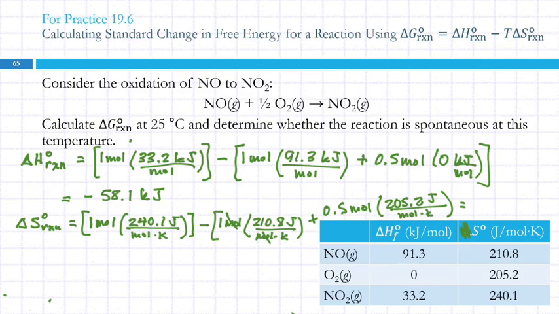So 240.1 minus the quantity, 210.8 plus 0.5 times 205.2, getting negative 73.3 joules per Kelvin. Did I make any mistakes yet? That might be a new record. Okay, so we've got those numbers now. Now we can use this equation.